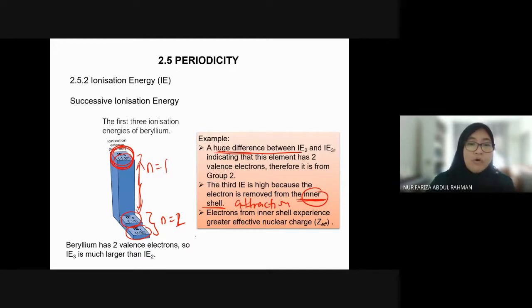So itu obvious lah, kita nampak lah ini ada kenaikan yang mendadak. You state the obvious kan. That is not the real reason. Okay, that is just to highlight that it has 2 valence electrons, but that is not the main reason. The main reason kenapa dia increase is because the electron is being removed from the inner shell.